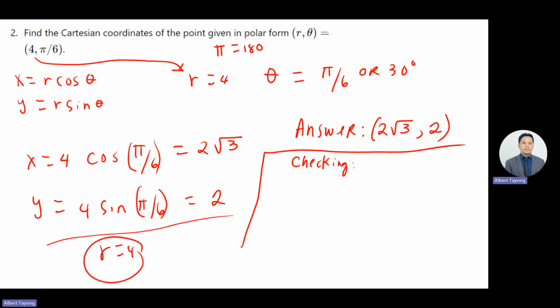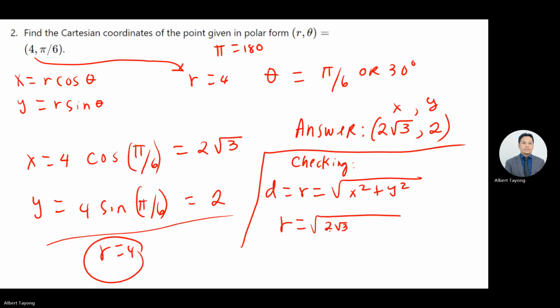It is our distance from the origin. This is our x and this is our y. So the formula to get the distance, r here, is equal to the square root of x squared plus y squared. So r is equal to, we have 2 square root of 3 squared plus 2 squared.